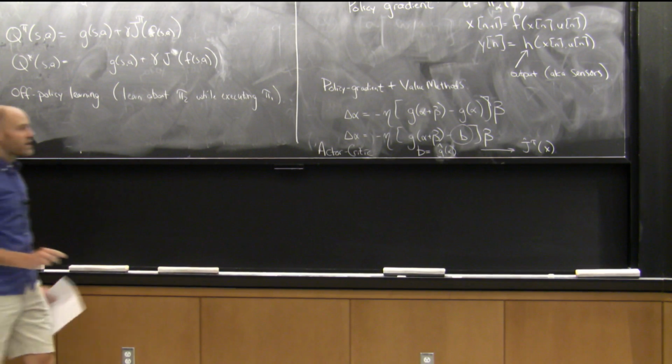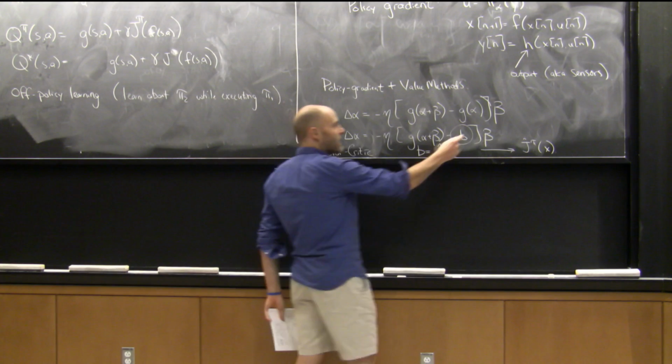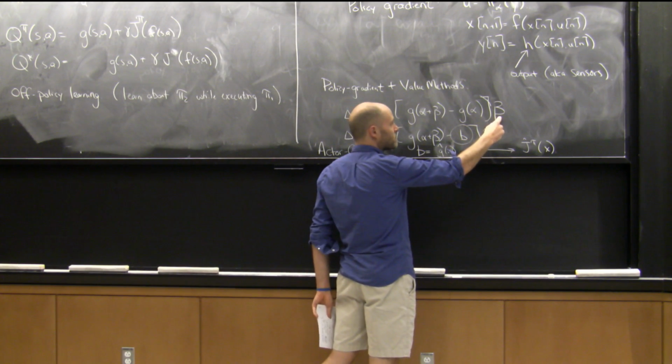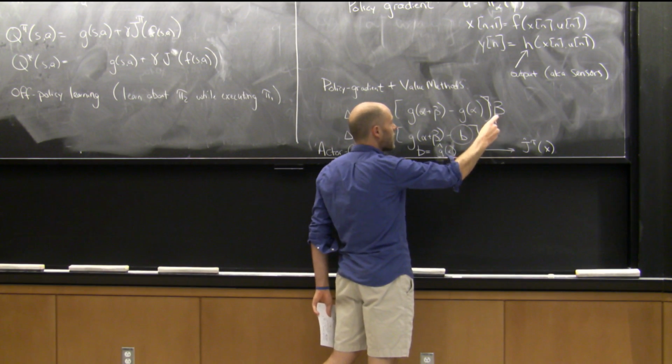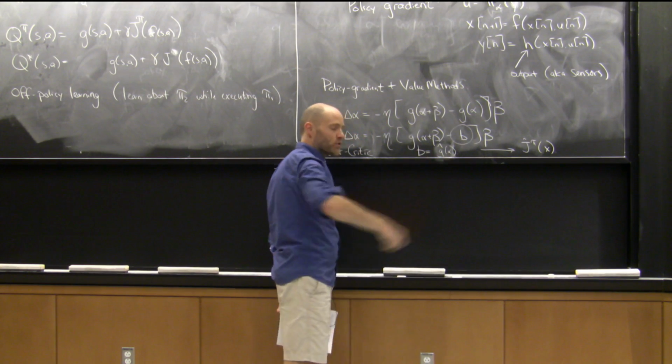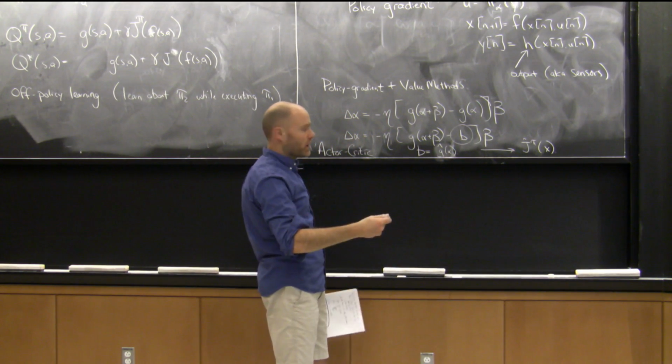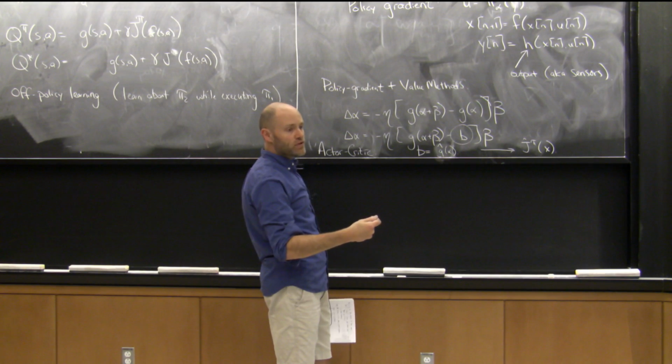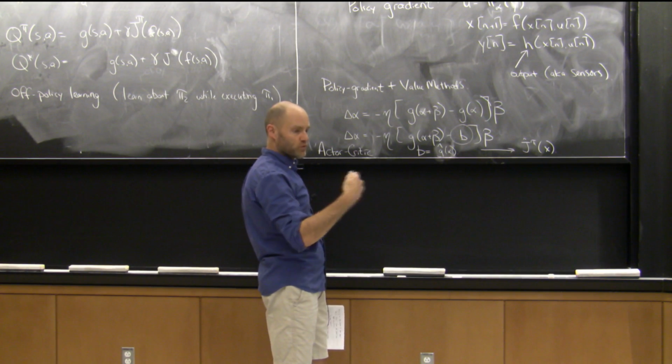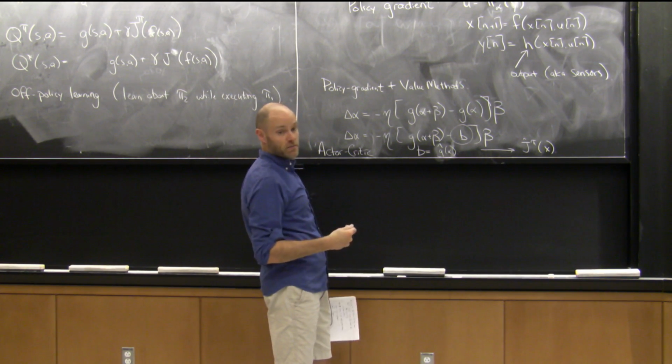Why is that a good idea? What I'd like to do is add a little noise to my parameters, beta. I get a noisy measurement by doing an experiment with my perturbed parameters, and I'd like to know, was that a good experiment or a bad experiment?